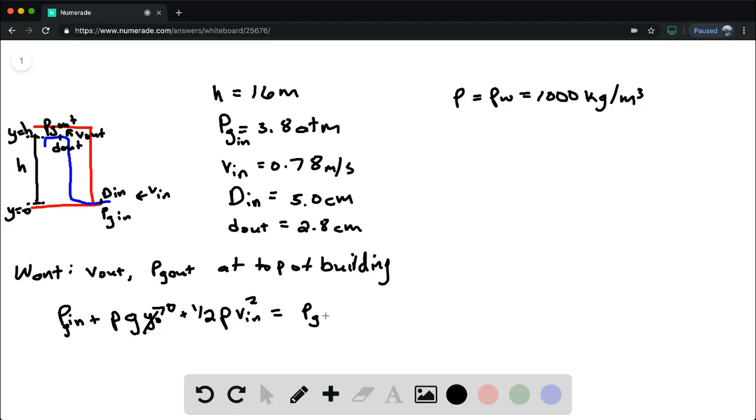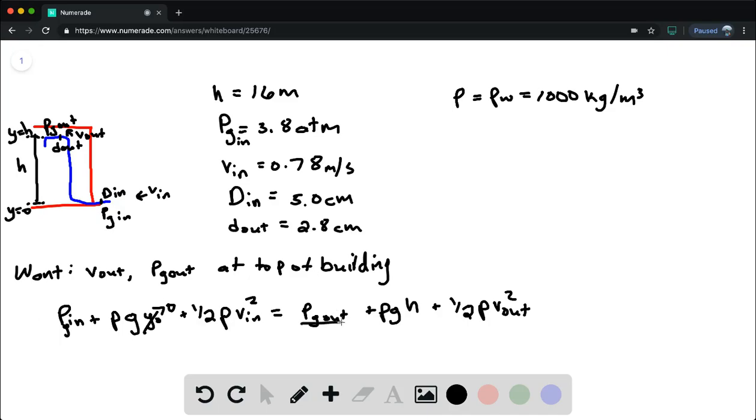And we have this equals the same quantities on the other side of the pipe system. And we're told that the faucet at the top of the building is also open to the atmosphere. So when we're looking for the gauge pressure, both sides are experiencing atmospheric pressure here. And this is going to be a useful equation.